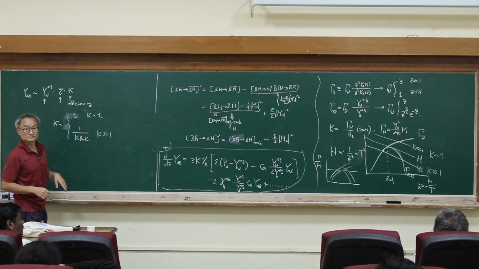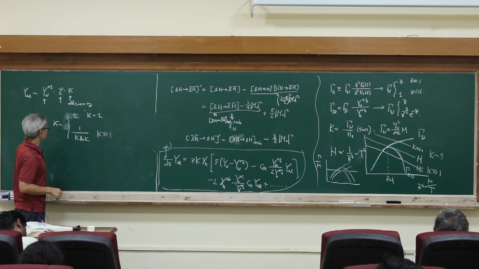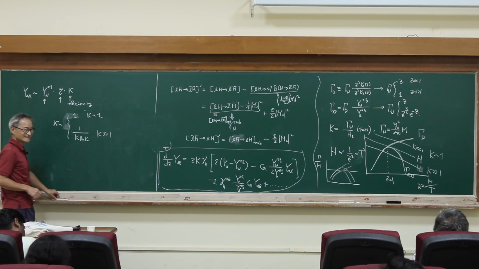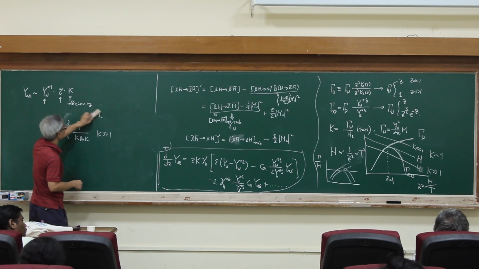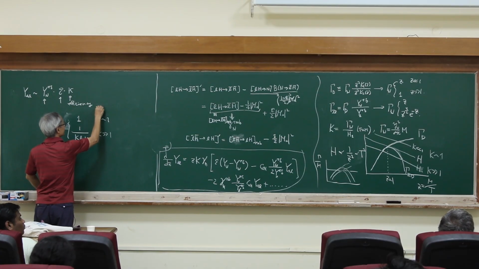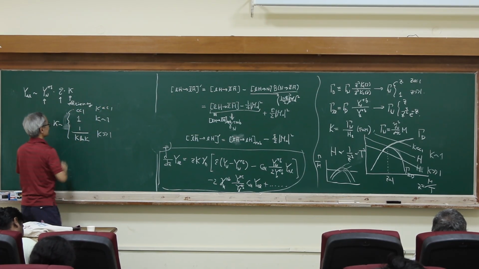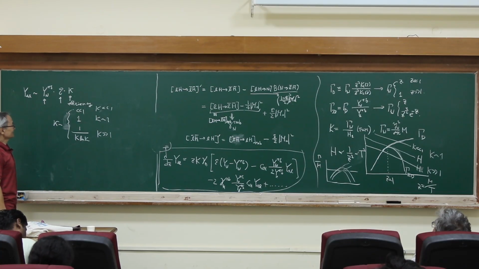What happens to kappa when K is much less than 1? In that case, kappa is small.